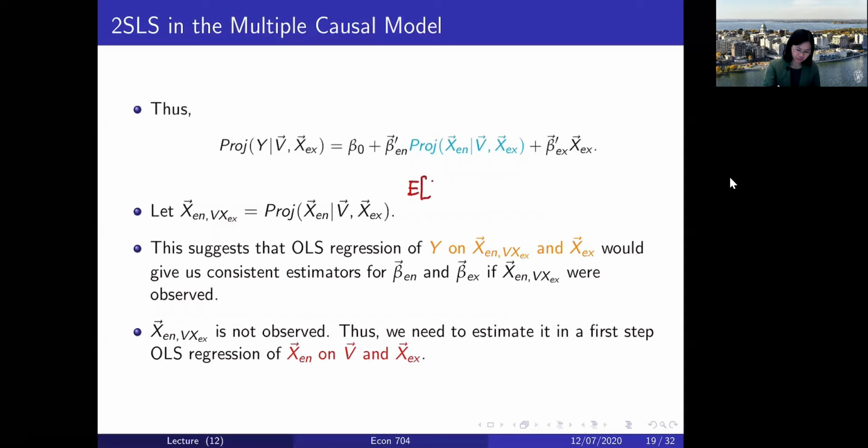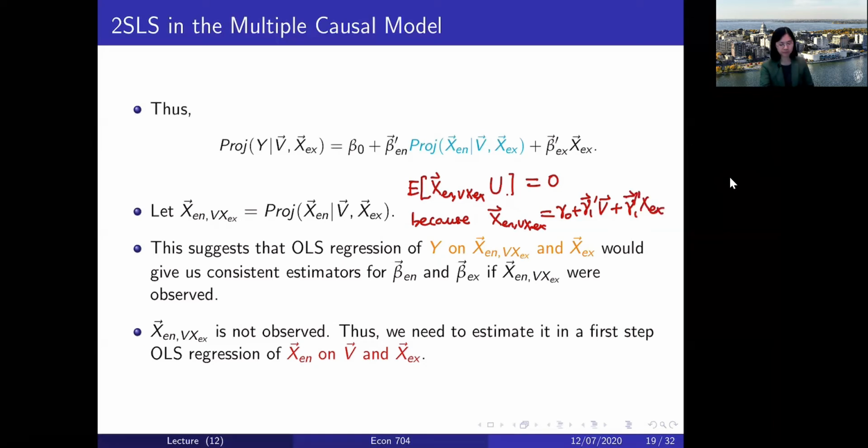This is 0 because it equals some non-random linear function of V and the exogenous X. So that is the good part of Xen.